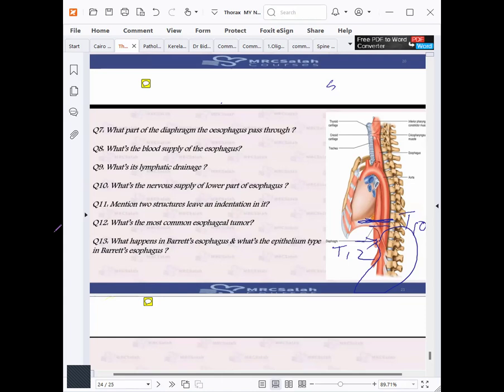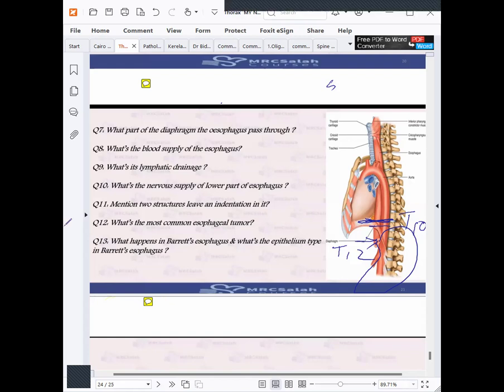Venous drainage: the superior part is to the inferior thyroid vein, the middle part is to the azygos vein, and the inferior part is to the left gastric vein.